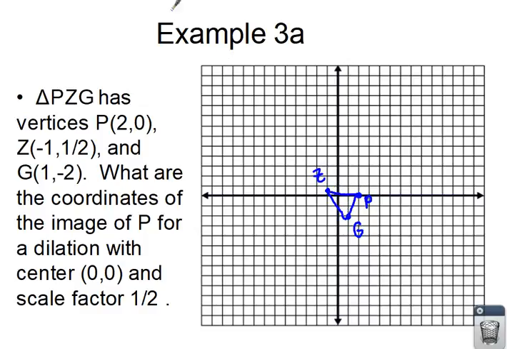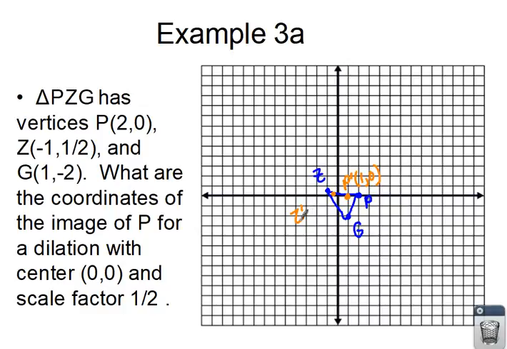This time, I want to know the coordinates for a dilation from the origin with a scale factor of a half. So it gets smaller. It's half as big. So if P starts at 2, 0, it goes to 1, 0. So I'll put 1, 0. And then Z is at -1 and a half. It goes to -1/2, 1/4.